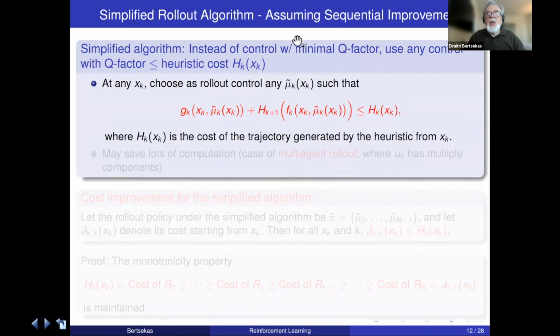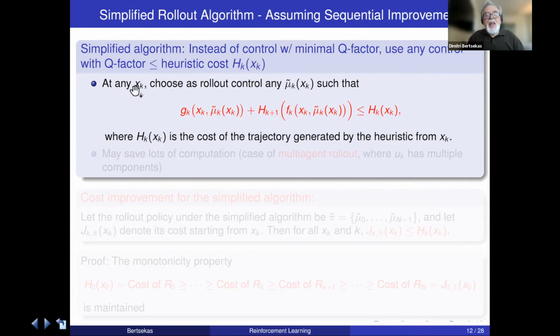Let's assume that we have a base heuristic that's sequentially improving, so it has the cost improvement property. The simplified algorithm, instead of finding the minimal Q factor at a given state, chooses any control that improves over the heuristic cost, has a Q factor that's smaller than the heuristic cost.